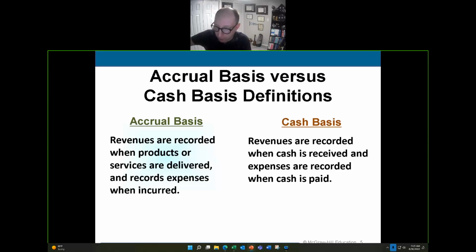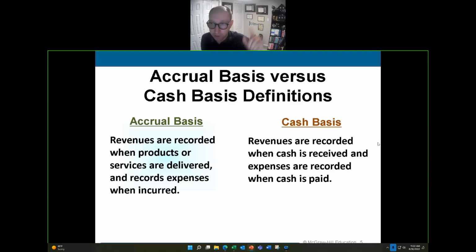When you ask the waiter for the check and you pay, that's when the restaurant records the revenue. Okay? Simple. They also pay their bills using a check or cash. And they record the expense when they paid it. That's cash-based accounting. We'll go into deeper detail, but that's the general concept.